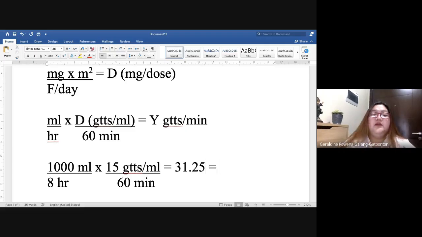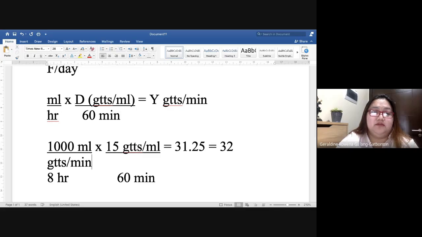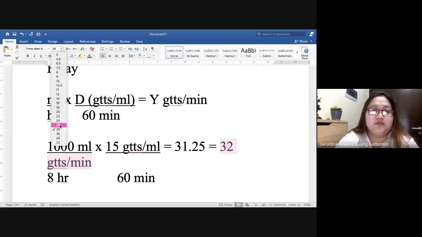But whenever you are to manually regulate an IV fluid, you cannot compute the 0.25 drop. So, lagi siyang whole number. So, ang magiging sagot mo, 32 drops per minute. Okay? 32 drops per minute.